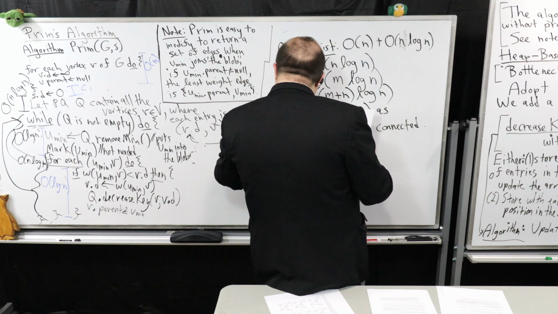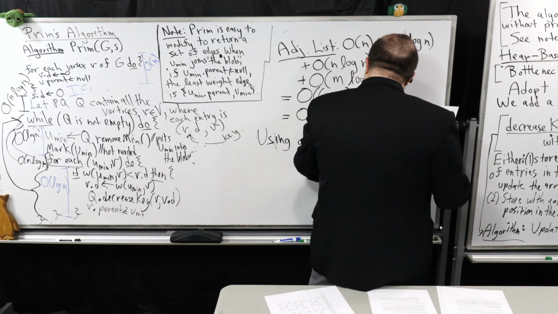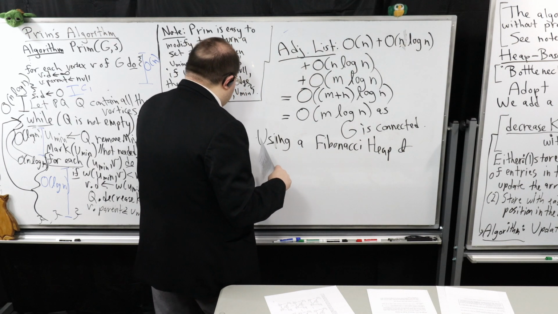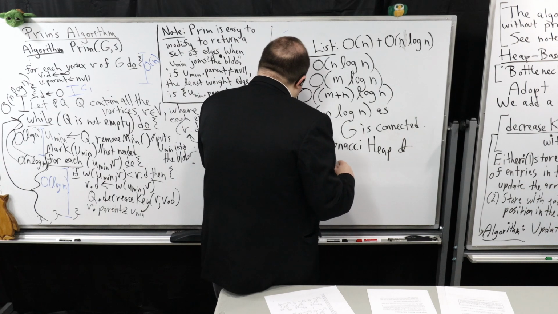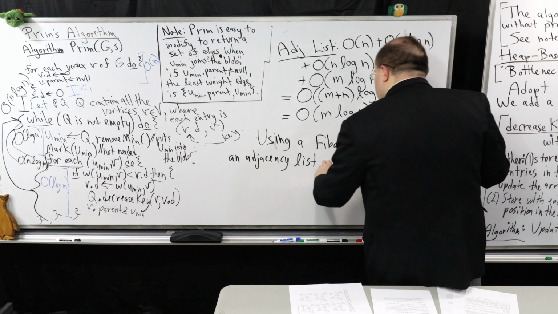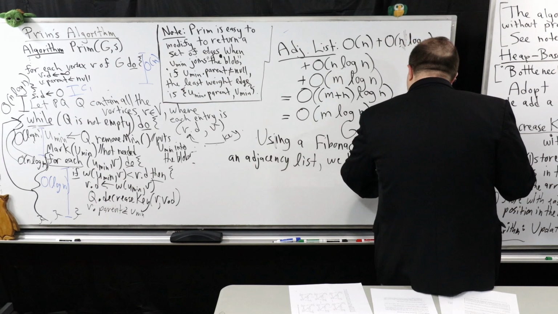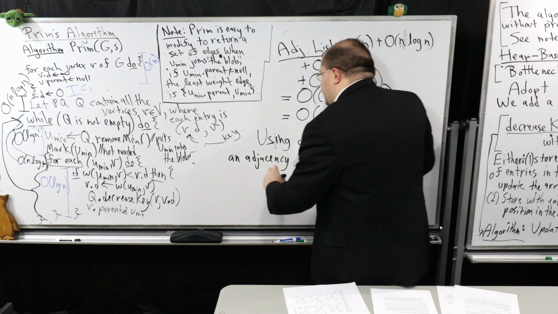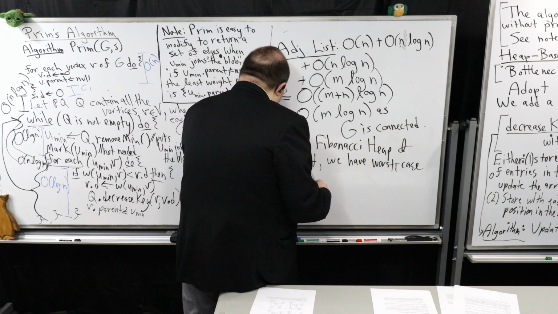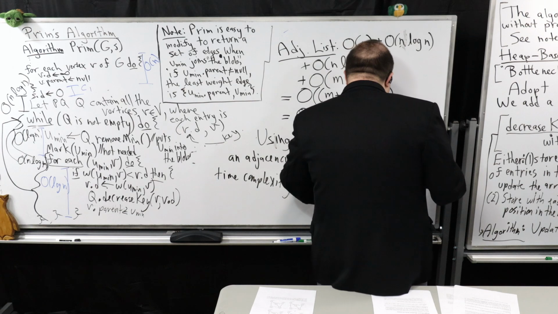One thing I will point out is that using a Fibonacci heap and an adjacency list, we have worst case time complexity of Big O of m plus n log n.